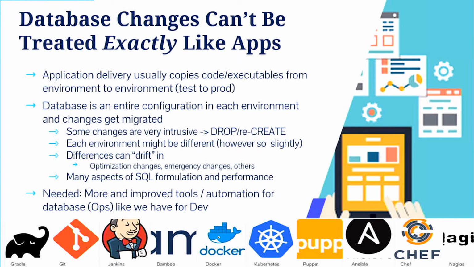So you look around the bottom of this slide and you see all these DevOps type products that are there to help orchestrate and integrate what you're doing on a development side. What we need is the same thing on the database side: the database change management product, the database SQL performance testing product, the test data management product, and they all need to be automated in such a way that the DBA understands and blesses what's going on here and it's actually going to work, and that the developers can just integrate it and work with it and it moves forward.